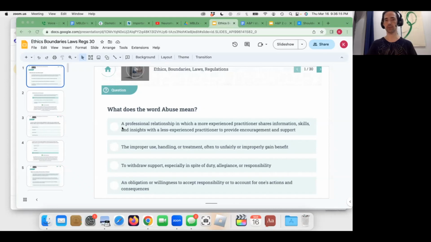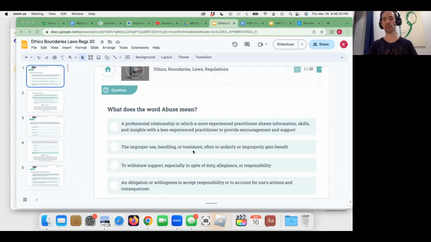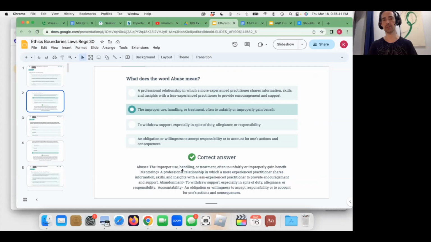So let's reread it. A is a professional relationship in which a more experienced practitioner shares information, skills, and insights with a less experienced practitioner to provide encouragement and support. Does that sound like abuse? No. I'd call that mentorship. B, the improper use, handling, or treatment, often to unfairly or improperly gain benefit. Yeah, definitely B. Abuse is the improper use, handling, or treatment often to unfairly or improperly gain benefit.